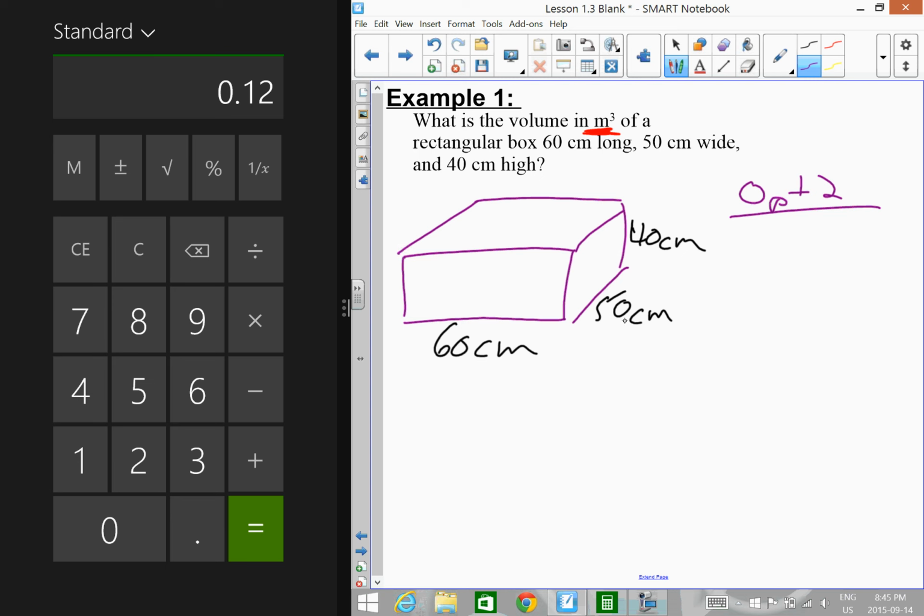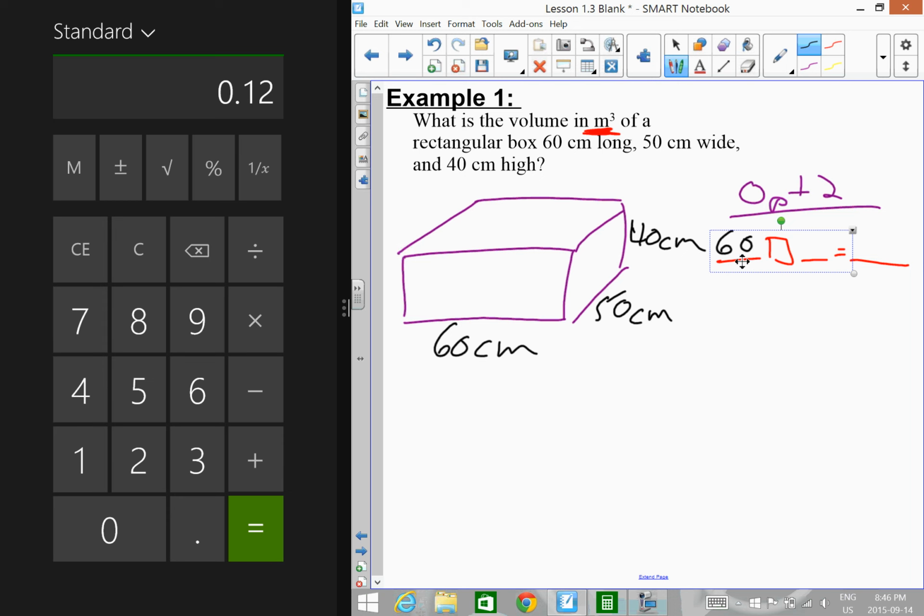Let's change these 3 numbers into meters. The first one I'm going to do with a skeleton equation, and the other ones I'm going to cut some corners. Let's do the length first, 60.